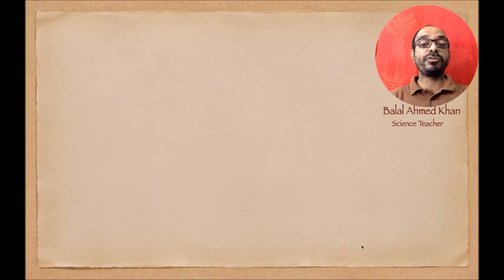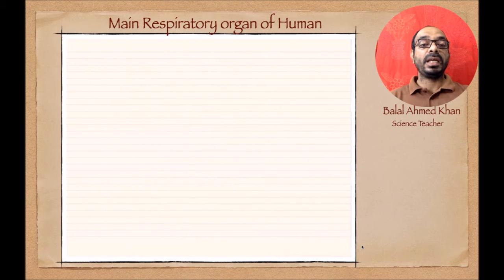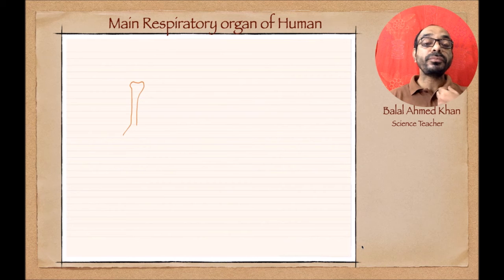Now I am trying to draw the main respiratory organ of humans and its different parts, and the part located between the two sides of our heart. The right lung is three-lobed and the left is two-lobed.